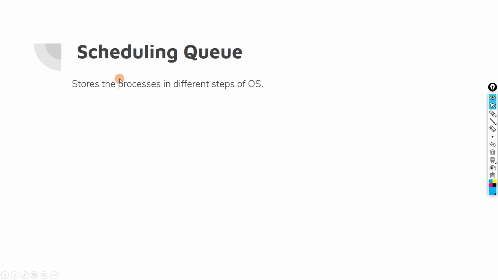Ultimately these queues store the processes in different steps of the operating system, and different queues are maintained in different steps. The processes follow some steps to be executed, right?